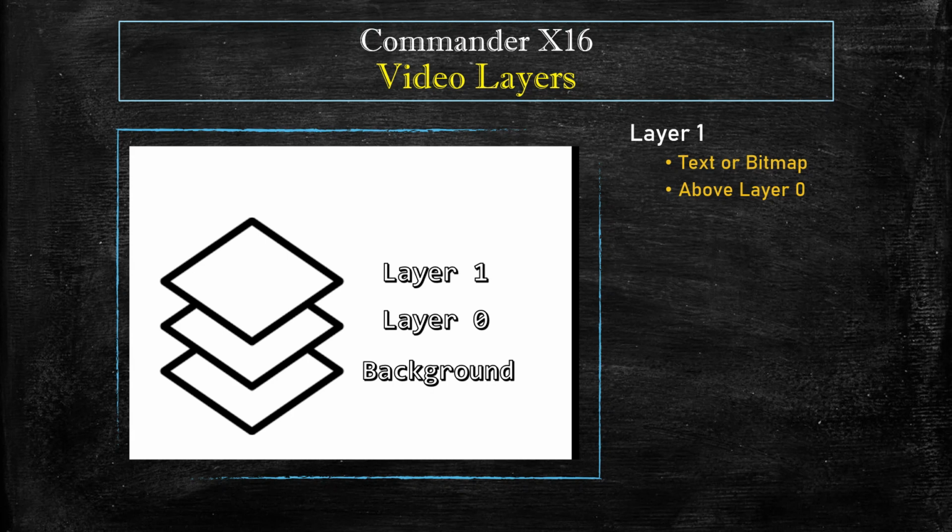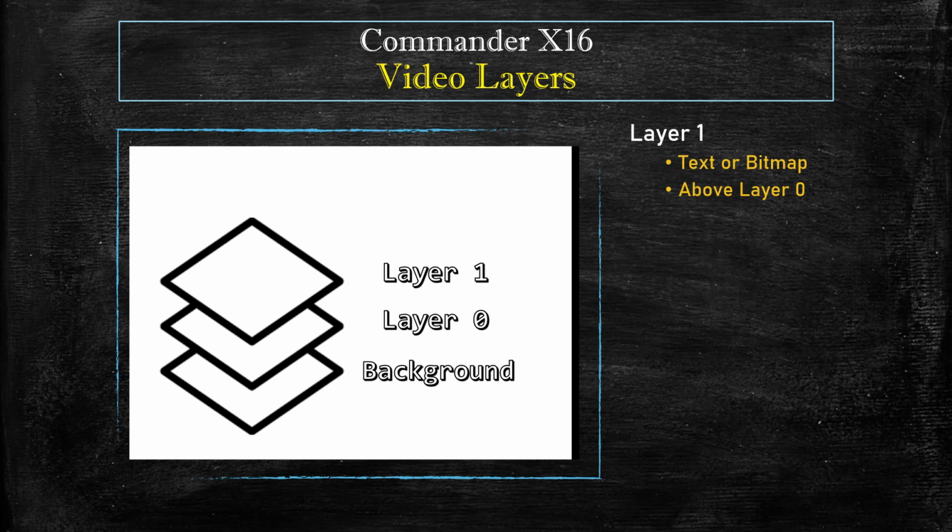And similarly with layer 1, if we have any parts of the layer 1 image which are transparent, then they will show through whatever is on layer 0 below layer 1. And if any parts of layer 0 and layer 1 are both transparent, then whatever color is showing on the background will show through both layers.